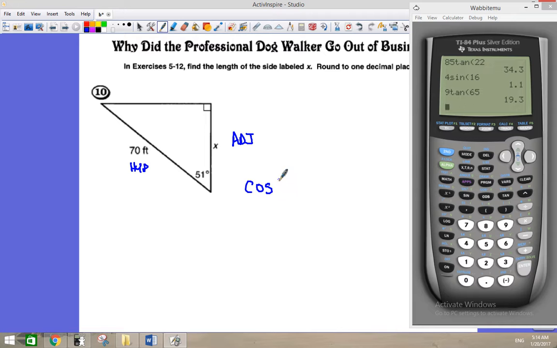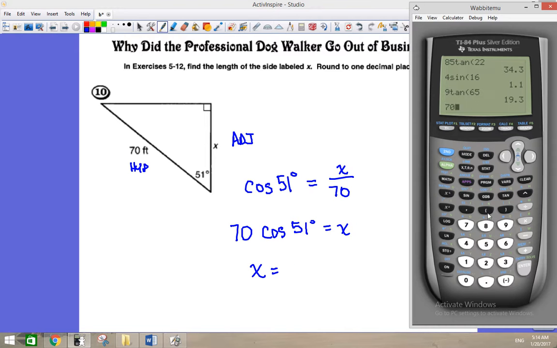The cosine of 51 degrees is the length of the adjacent side divided by the length of the hypotenuse. Multiply both sides of the equation by 70 in order to get x by itself. .1 units of length, and that's in feet.